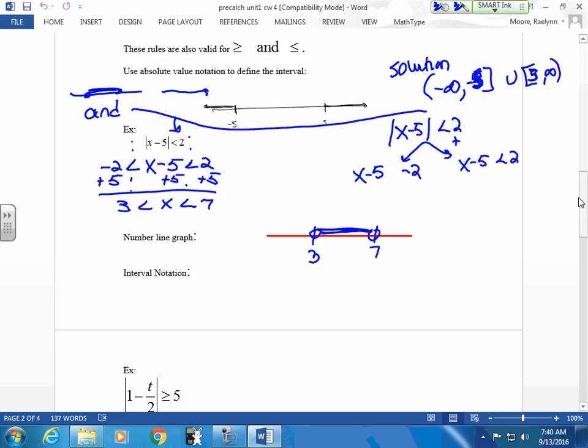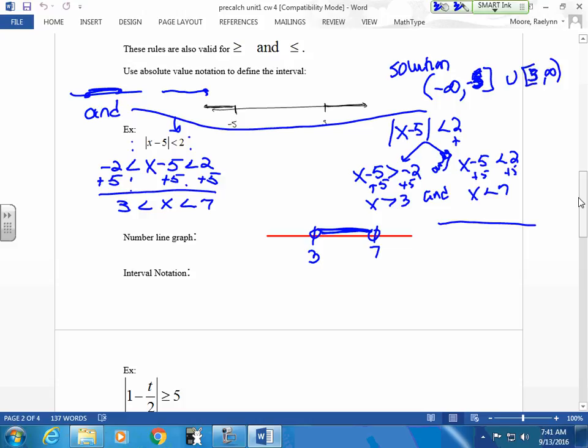Flips the sign. So it's going to take this and it's going to go like this. So you see your two signs kind of pointing in together? This is going to set up your and statement. But you have to write the word and in first. So we solve. We add 5. And add 5 again.